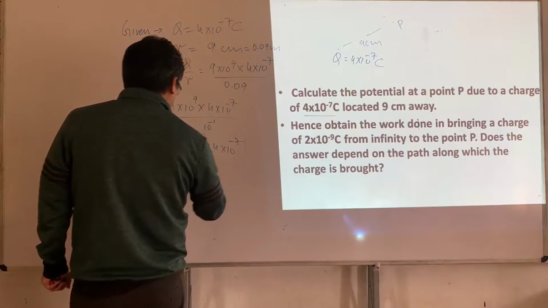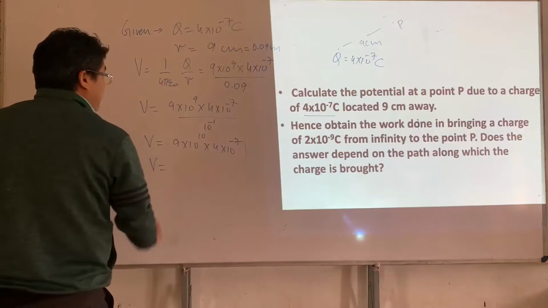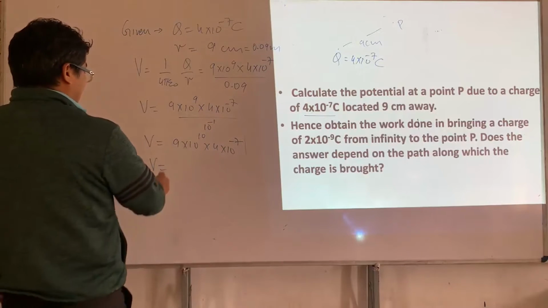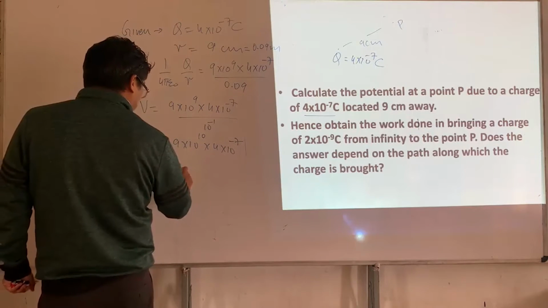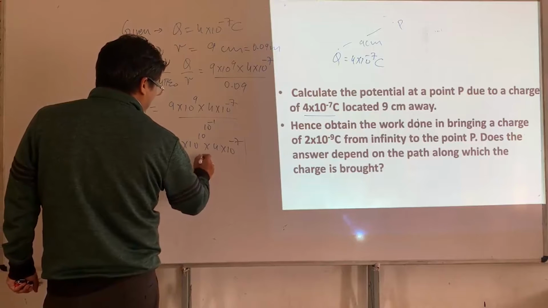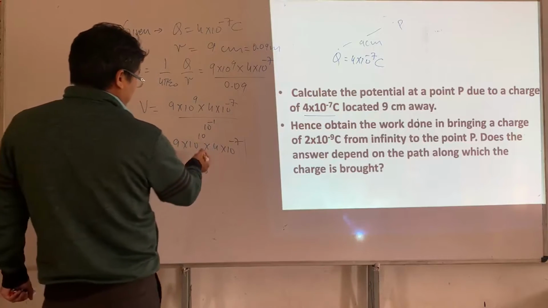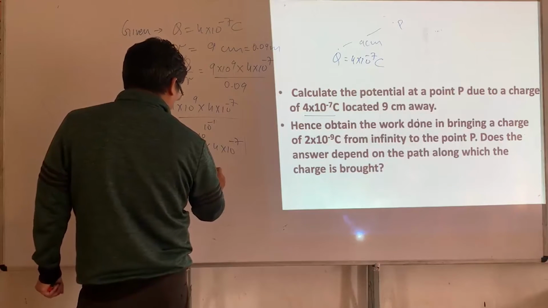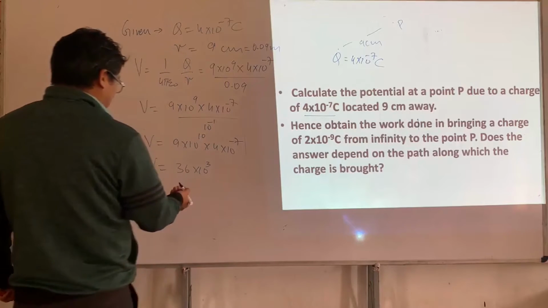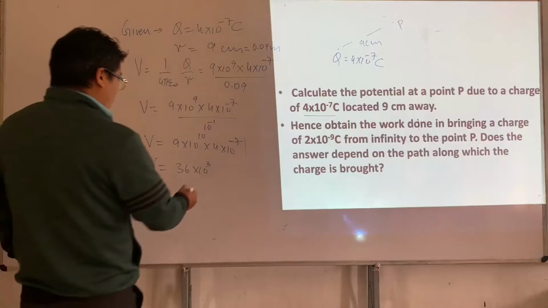Then the potential is going to be 9 fours are 36 into 10 to the power 10 minus 7, which is 10 to the power 3 volt.